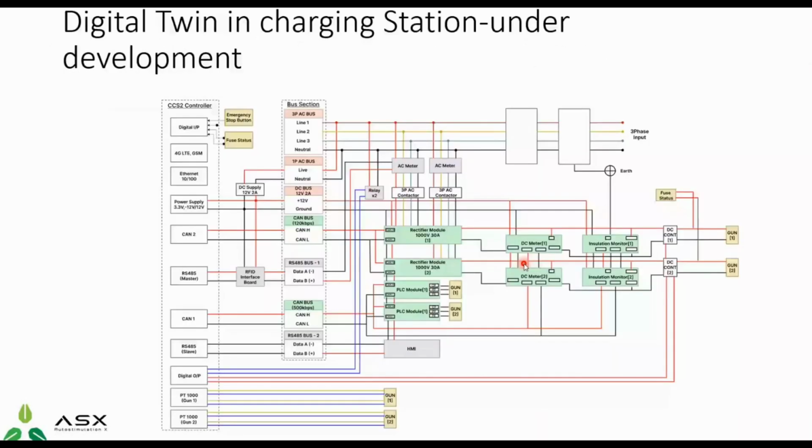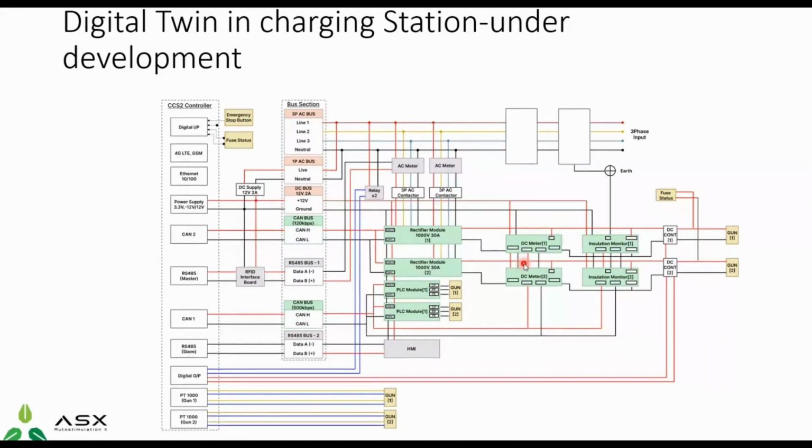So when we are talking about the digital twin for the charging station, what we are doing basically is analyzing the power module response, the rectifier module response, the CCS2 controller response, and let's say you have connected the CPP, by which you can identify where the fault is.